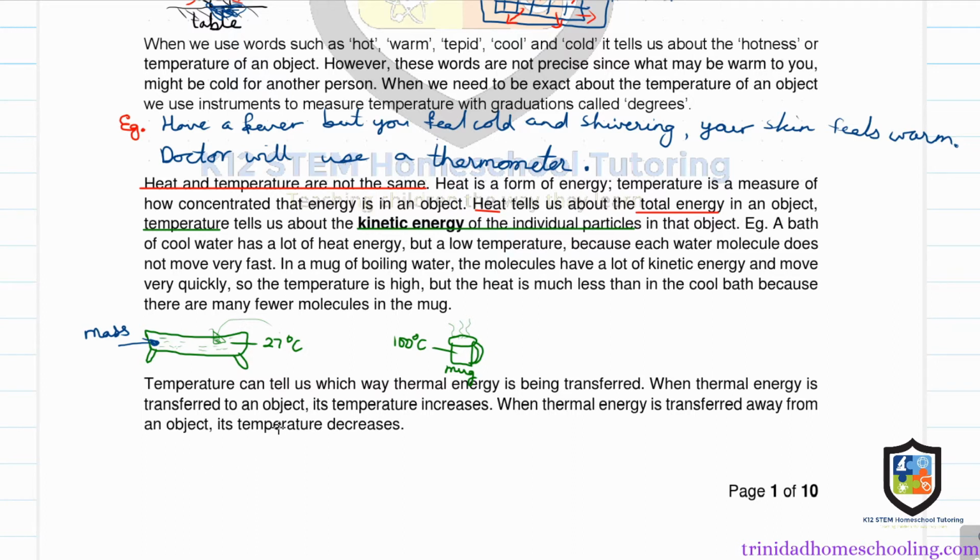Okay, so the temperature of the system or the body or the object or the surroundings is important to know so that we can tell which way the thermal energy is going to be transferred. Because we said earlier that heat energy, thermal energy, moves from areas that are higher in temperature to areas that are lower in temperature. So now let's look at some real-life examples on page 2.